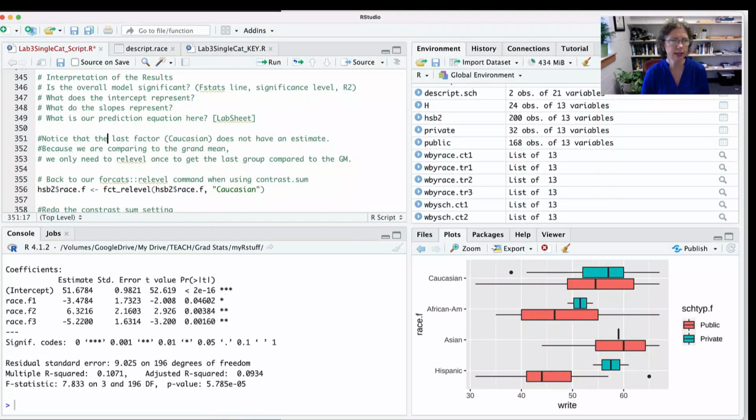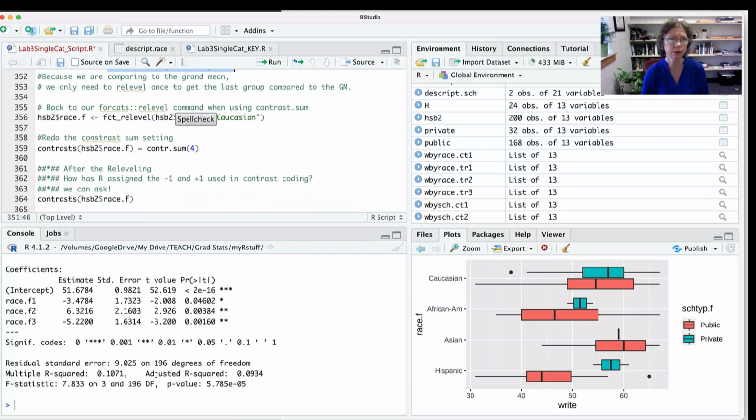Notice that the last factor, Caucasian, does not have an estimate. It's because that one falls off the end and we have to re-level to get it into the equation. But because we're comparing all of them to the grand mean, we only need to re-level once to get that last group, Caucasian, compared to the grand mean.